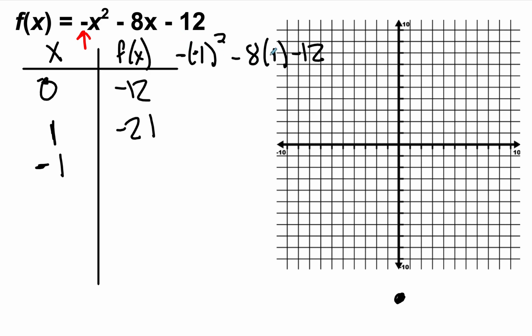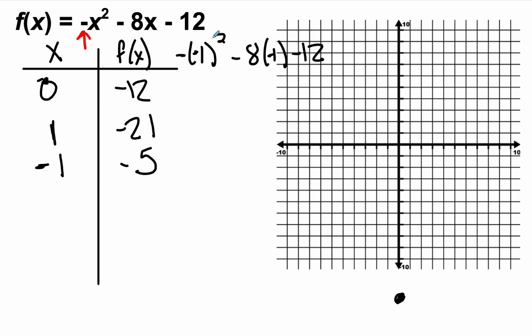So when I plug in -1, let's see what happens. -1 squared is 1, and the negative makes it a -1. 8 times -1 is -8. And -1 minus -8 is -1 plus 8, which is 7. 7 minus 12 is -5.